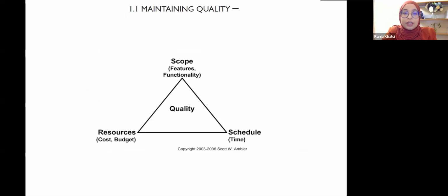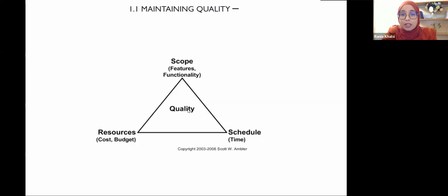And finally, we need to finalize the right schedule and the exact frame of time within which the project is going to be accomplished. At the heart of all this, quality is central, in order to make sure that we are meeting high quality standards.